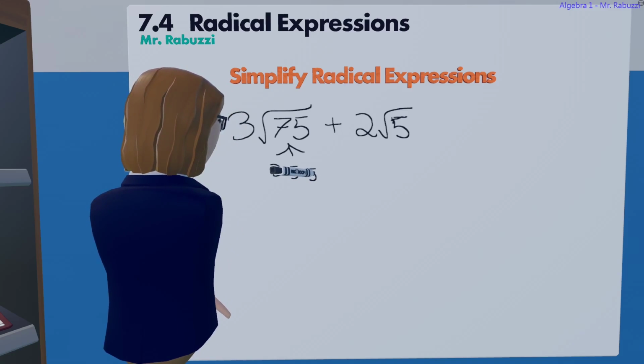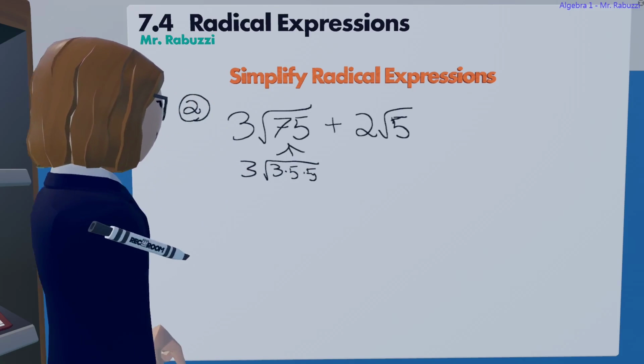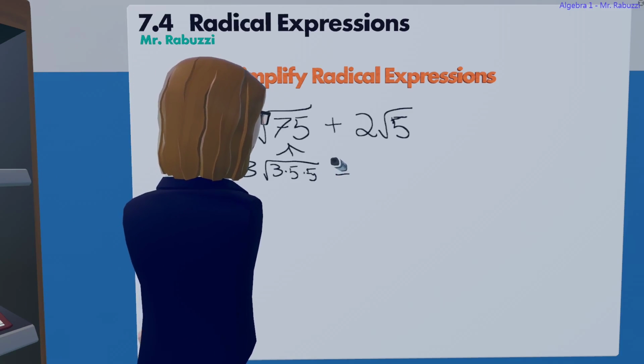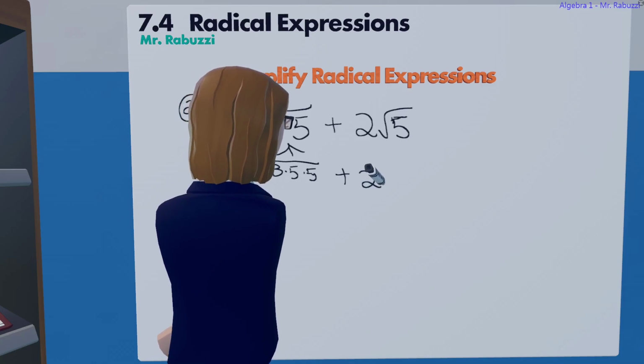Okay, now all those guys are under the root still, and that 3 is still outside. Okay, and the right side, can I make that 5 into prime factorization?